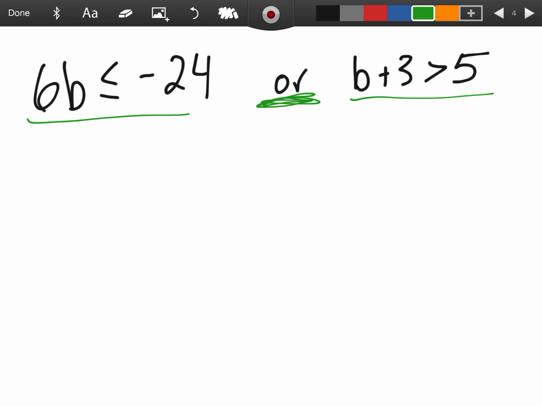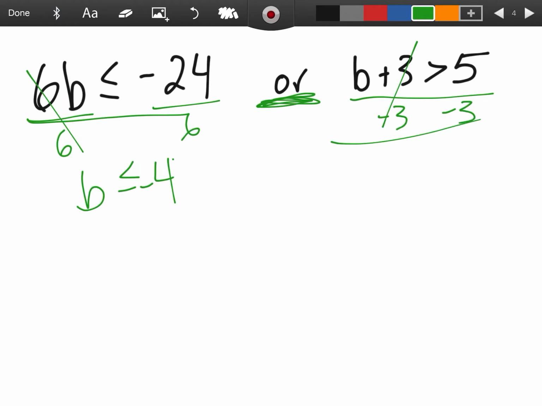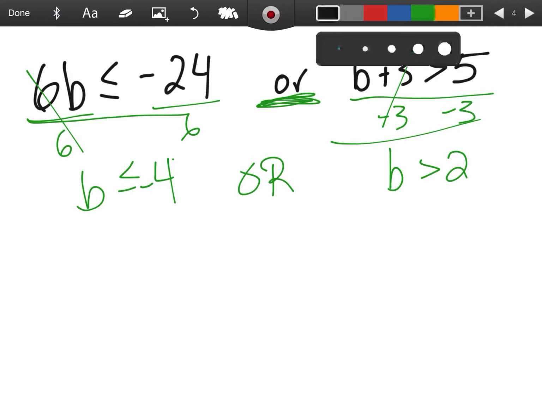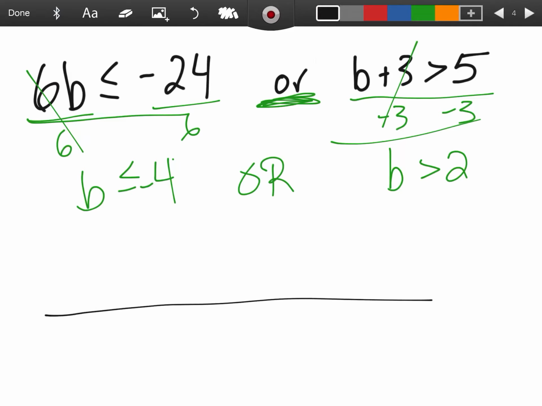So let's start off over here. I'm going to divide by 6, and I get b is less than or equal to -4. On the right, I'm going to subtract 3, and I wind up with b is greater than 2. So now I am either less than or equal to -4, or I'm greater than 2.